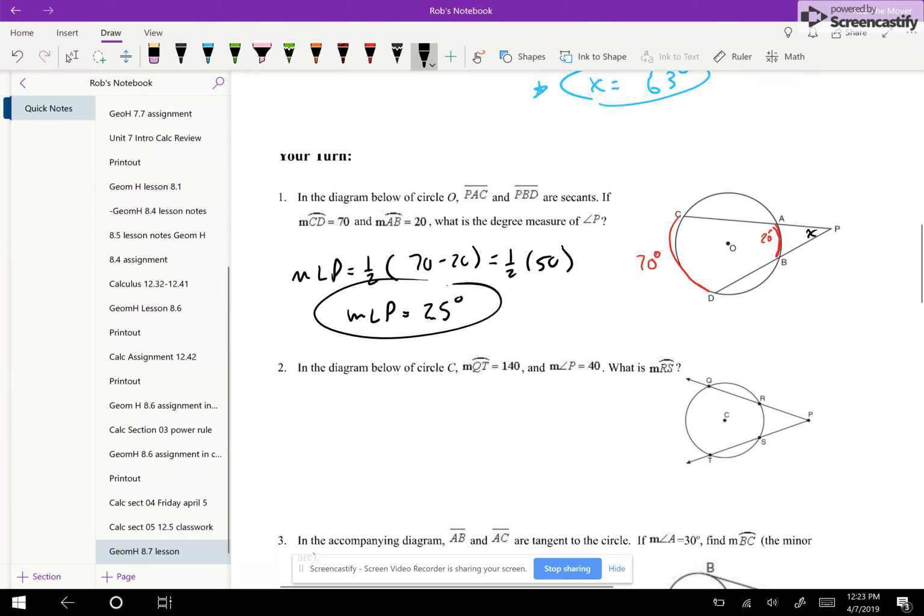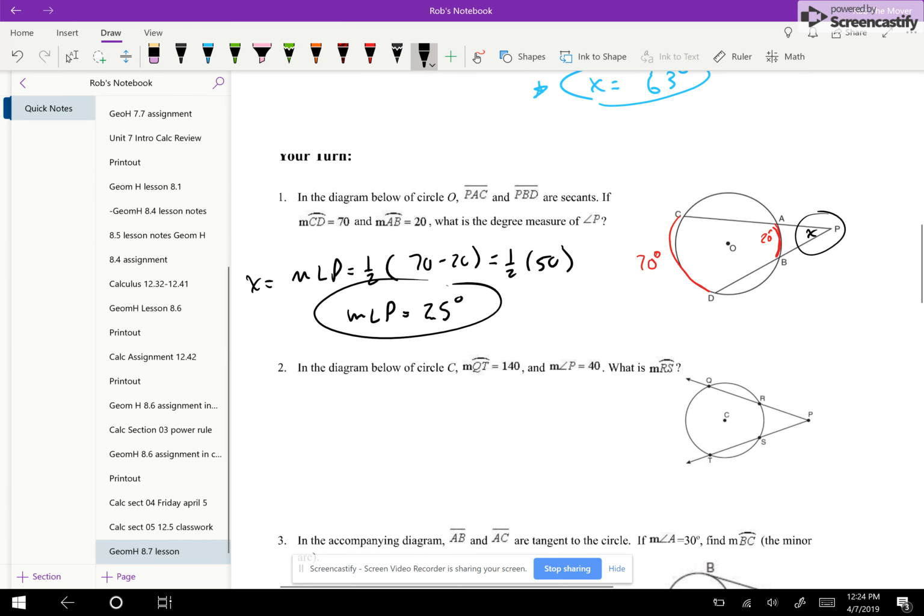A lot of you, when you are labeling things in your diagram, do some strange things, like you have an X somewhere and then you use another X, which is obviously not the same. So make sure when you're labeling things in your diagram, you use different variables. It's totally fine to use X here instead of angle P if you want to make it easier to write.